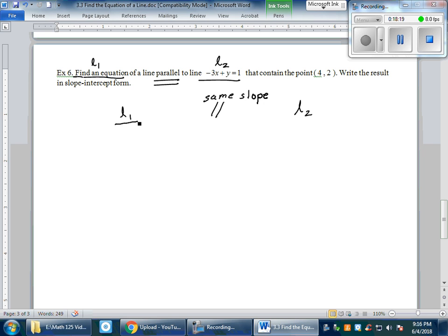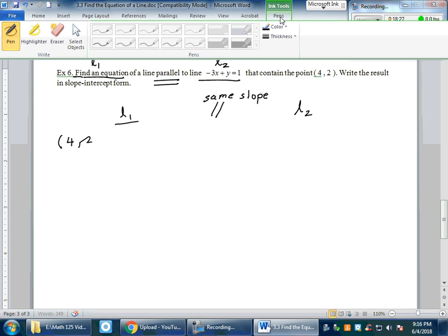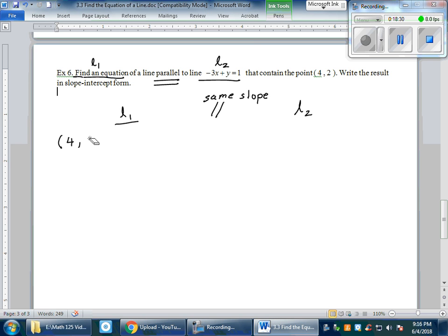So we want to find line 1, but we only know so far that line 1 contains the point (4, 2). What about the slope? That's a question mark. Since line 1 and line 2 are parallel, they have the same slope. And I can find the slope of line 2 from this equation.